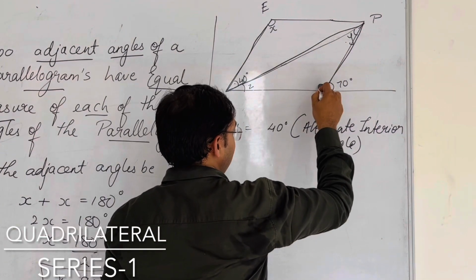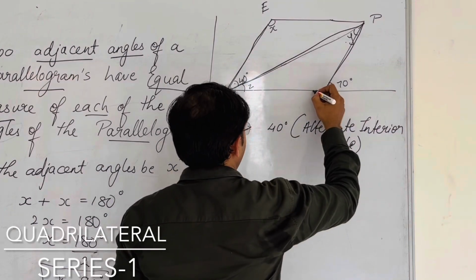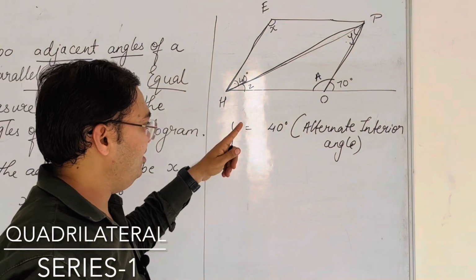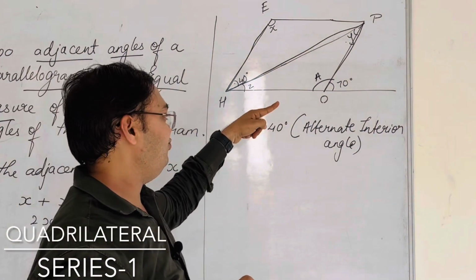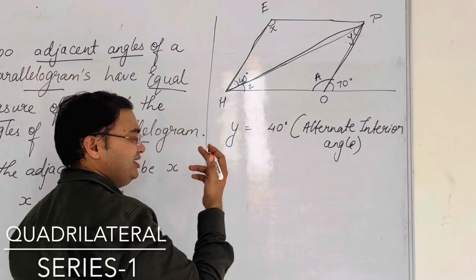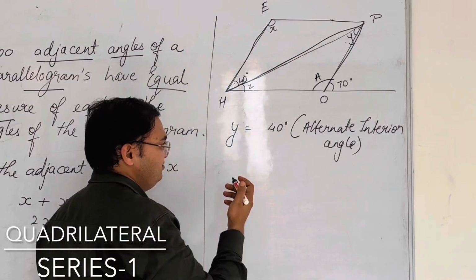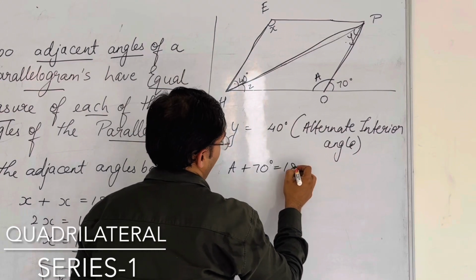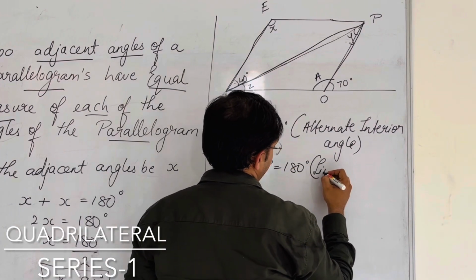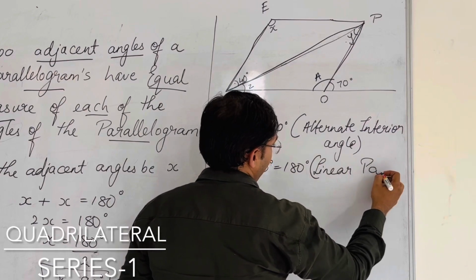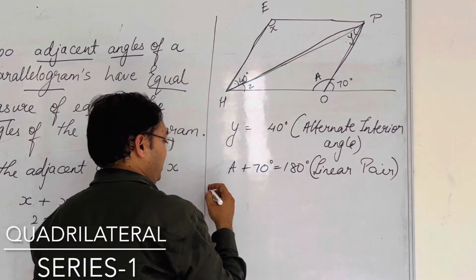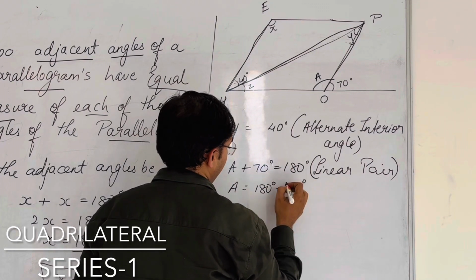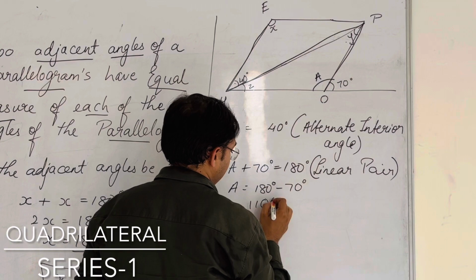Let us take the interior angle as A. If I find A, I can use the triangle properties to find z. And how to find A? As I explained in my last video, A plus 70 degrees equals 180 degrees. The reason is linear pair. That is A equals 180 degrees minus 70 degrees, so A equals 110 degrees.